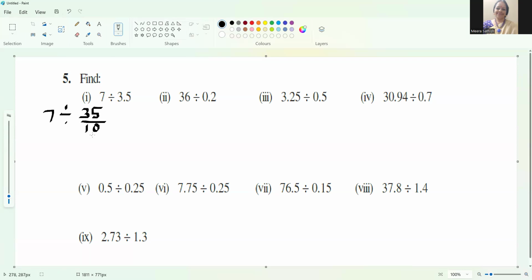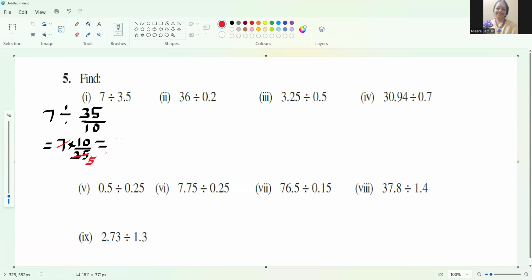Now you know how to divide fractions. Multiply with the reciprocal of the second one. So this is 7 into 10 by 35. Which is equal to, you can cut 7 and 35, no? 7 and 35 we can cut 5 times.